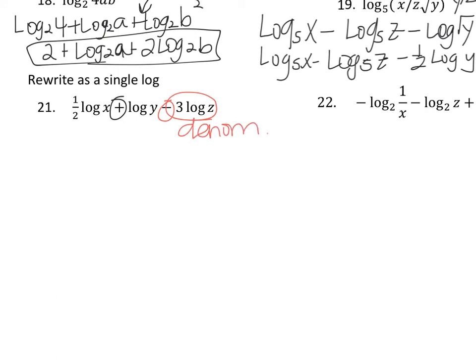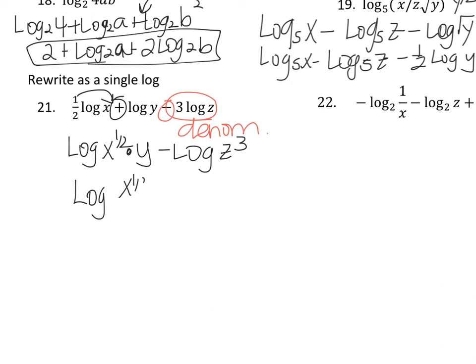My coefficients become exponents: log of x to the 1/2 power times y, minus log of z cubed. So in one step I did the exponent and the multiplication, and now I'm going to make it a fraction: the log of x to the 1/2 times y, divided by z cubed. And I can put that in parentheses. When I'm rewriting it as a single log, I should not have the word log more than once in my answer.